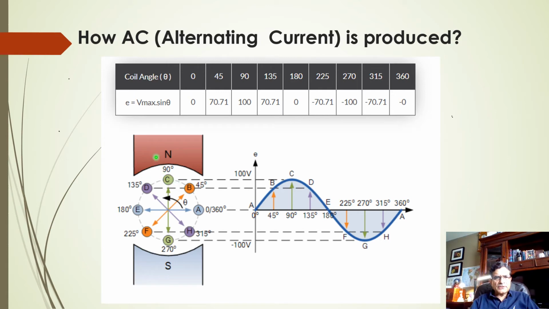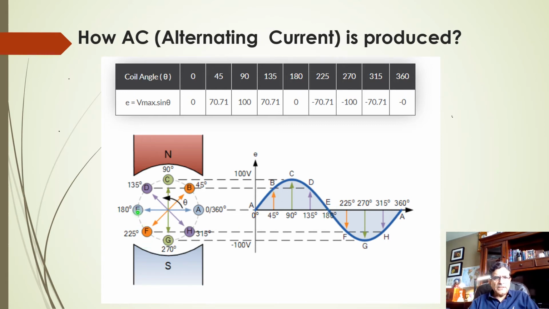So lines of force are vertical lines, whereas the coil is moving horizontally. That's why it is cutting. So whenever there is a cut, voltage is induced. But when the coil comes to this 180 point here, it is moving parallel to the lines of force, and there will be no voltage, which is shown by 0 here.